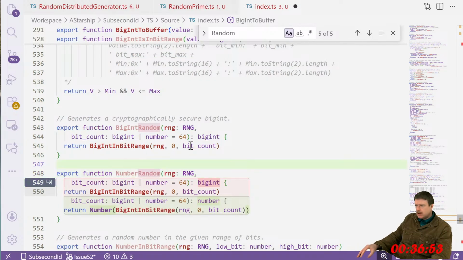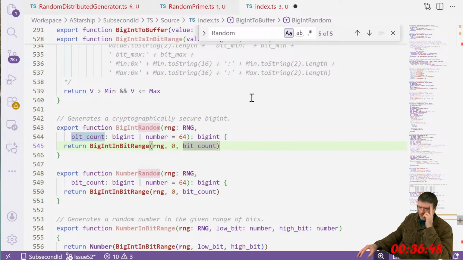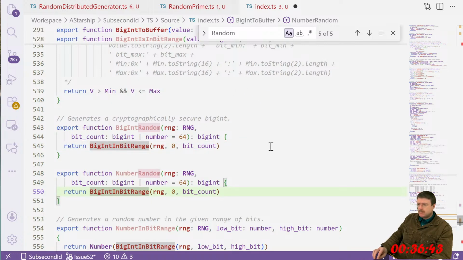You know why I would have this be... Oh, it's because it's in bit range. So what am I doing here? Am I generating a 64-bit random integer? That's not how you generate random numbers.